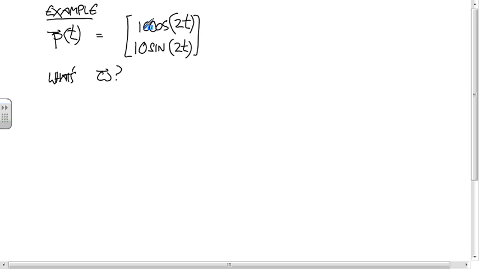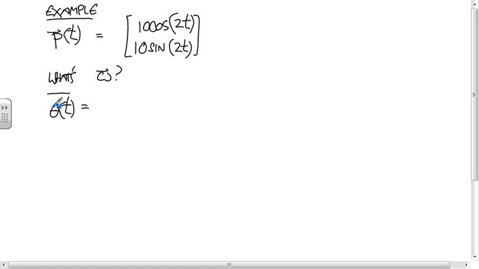Well, this is a circular motion. The radius is 10, right? In order to figure out the angular velocity, we need to identify the angular position function, how the angle about that pivot point changes in time. You can probably recognize that a circle is defined by radius times cosine of the angle, radius times sine of the angle.